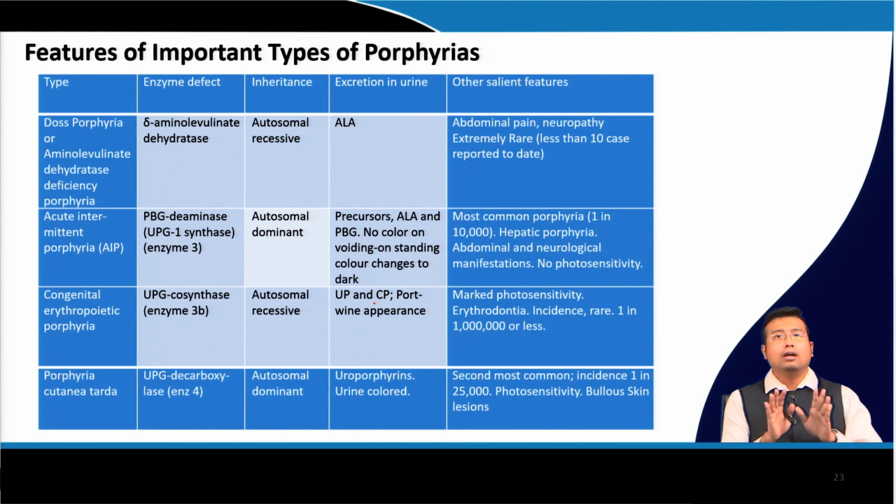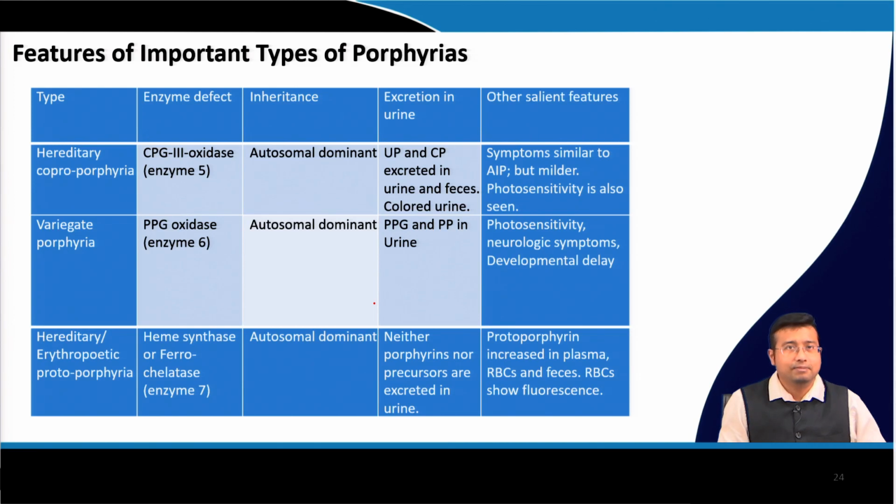So, this chart basically shows what the inheritance is, what enzymes are deficient. This is basically the same thing that has been repeated in the previous slides, but in a tabulated manner. You can pause and take a snapshot, so that will help you to remember the diseases easily, all right.